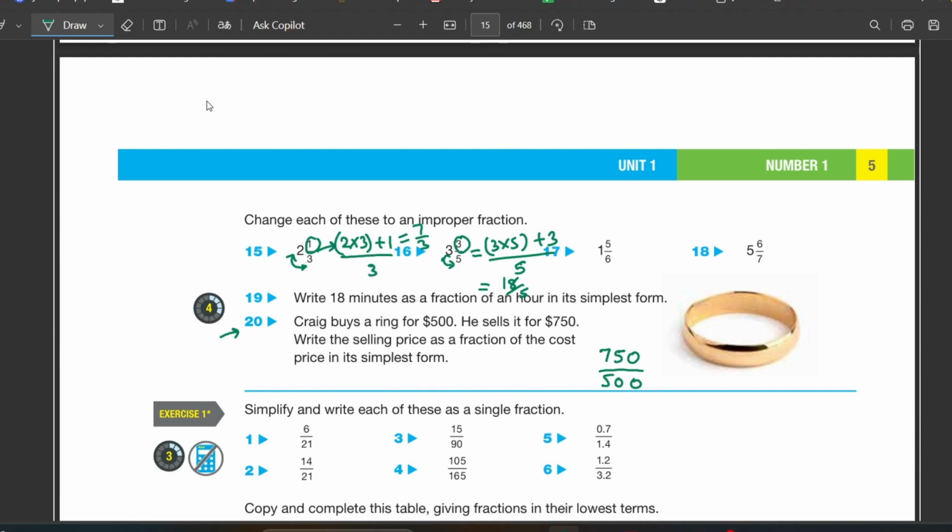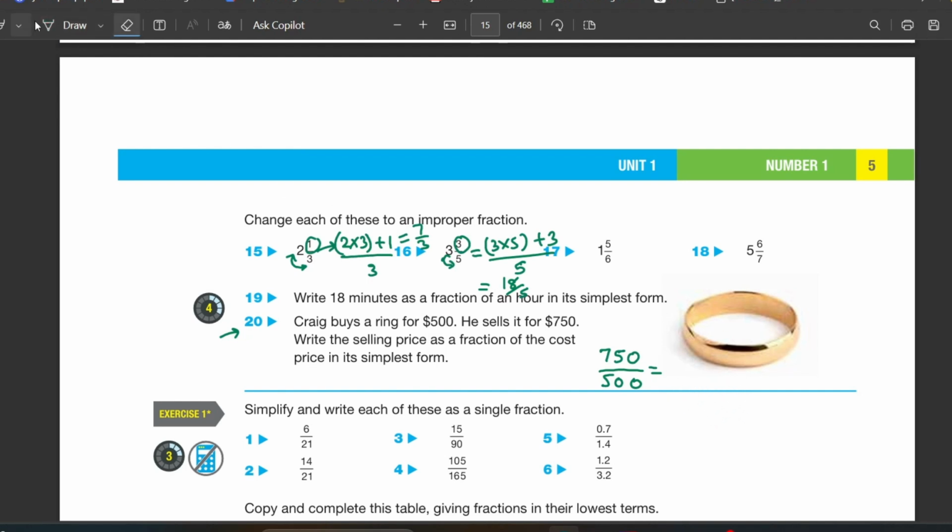And also the other way around, we can write it as 500 over 750. I think this way is better because if we simplify... oh no, not this way.